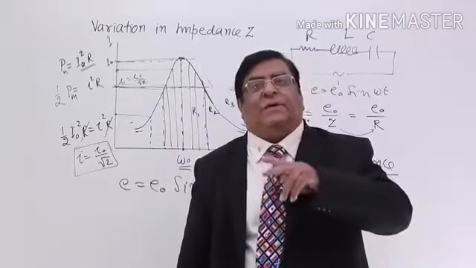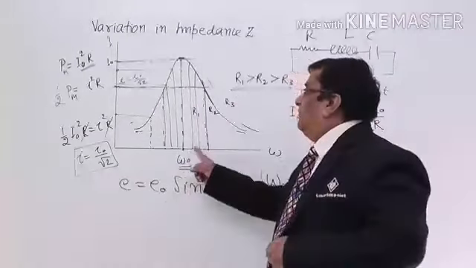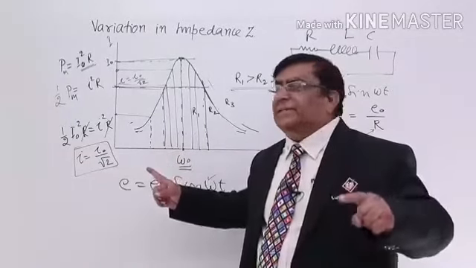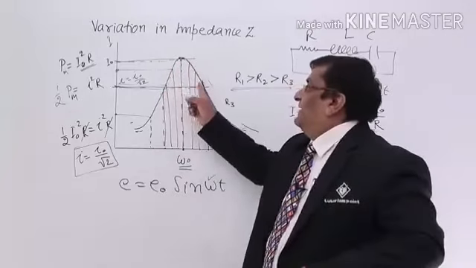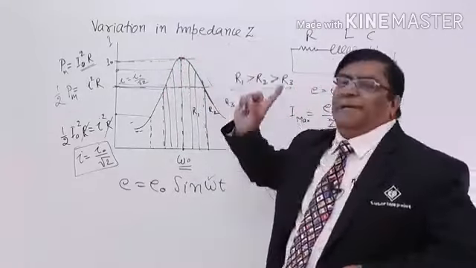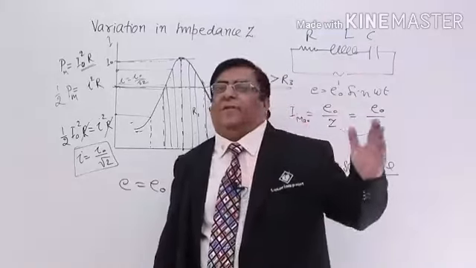Second thing, if we increase the frequency or we decrease the frequency, then Z will always increase and the current will decrease. So, this is the variation in impedance Z and the current related to this.